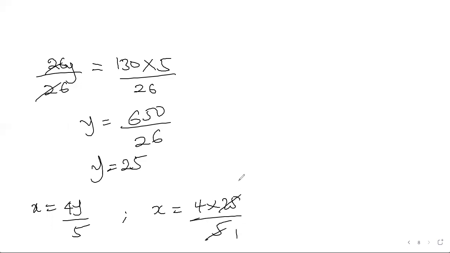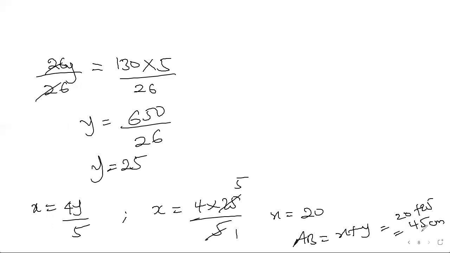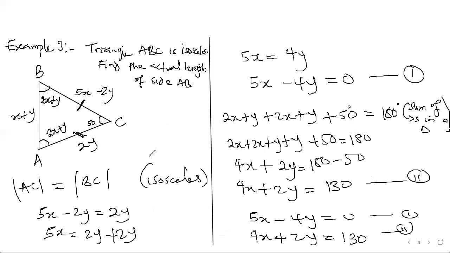So 5 into 25 is 5, and x will be 4 times 5, 20. So x is 20, y is 25. So what is AB? AB is x plus y. So AB will be 20 plus 25, which is 45 centimeters. We're told that it's in centimeters.